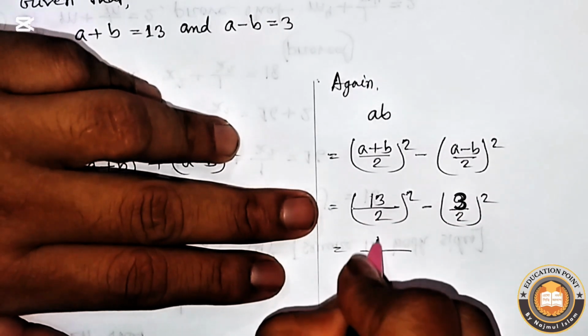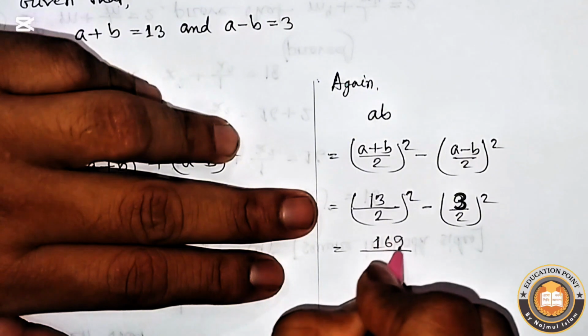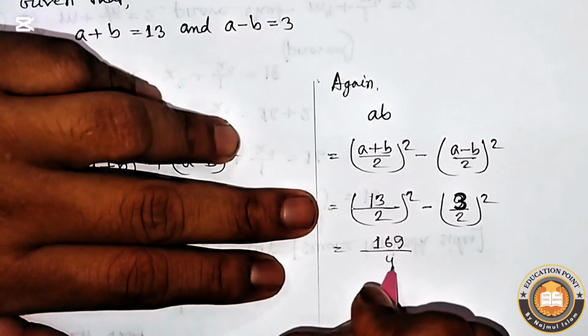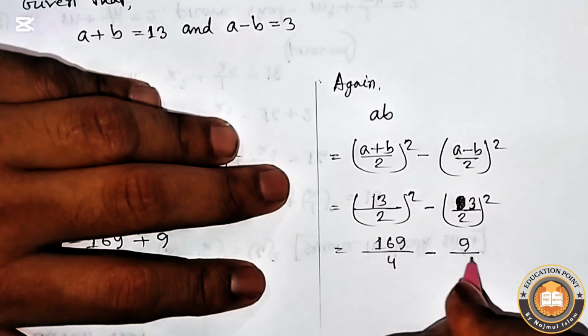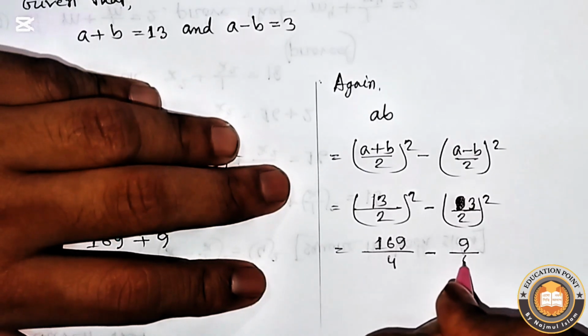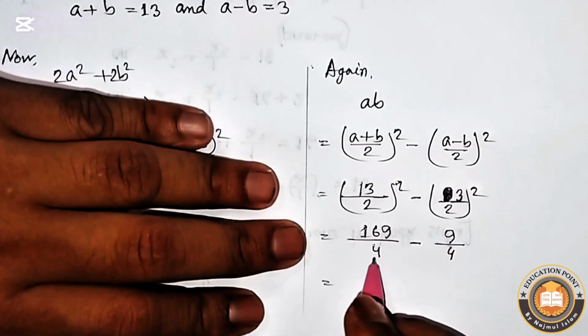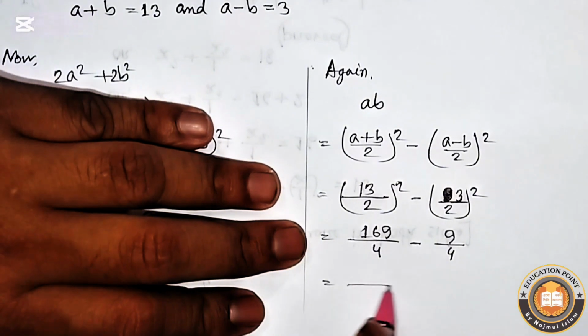Square value of 13 is 169. Square value of 2 is 4, minus square value of 3 is 9 and square value of 2 is 4. Here we will apply subtraction rules.